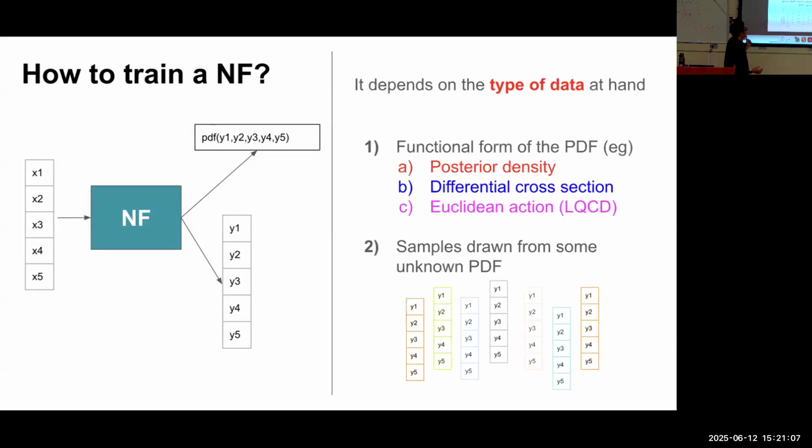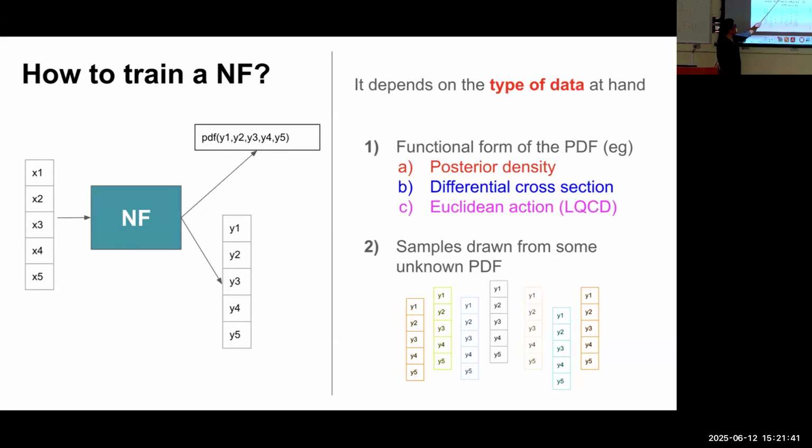So how do we train a neural net? That's basically problem dependent. And to the extent of my understanding, there are technically only two ways that you can train this type of normalizing flow. The first class of problems, or the form of data that you might have, is when you have the actual probability density at hand.